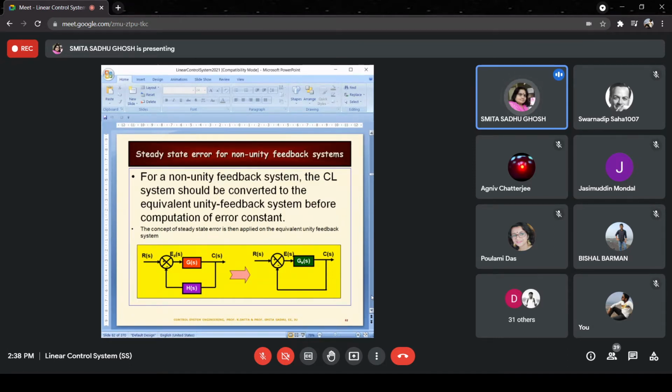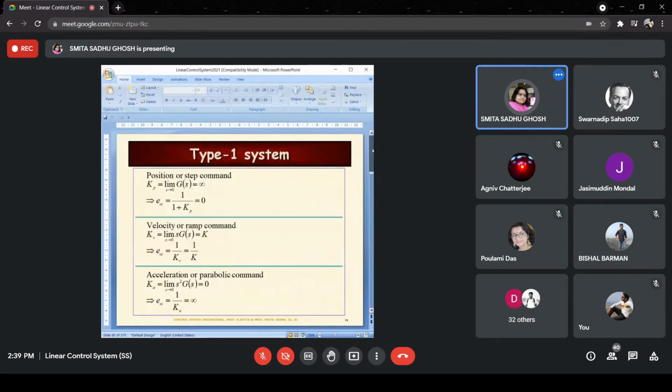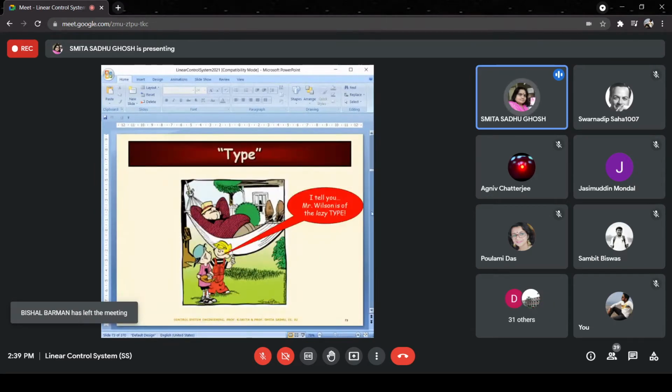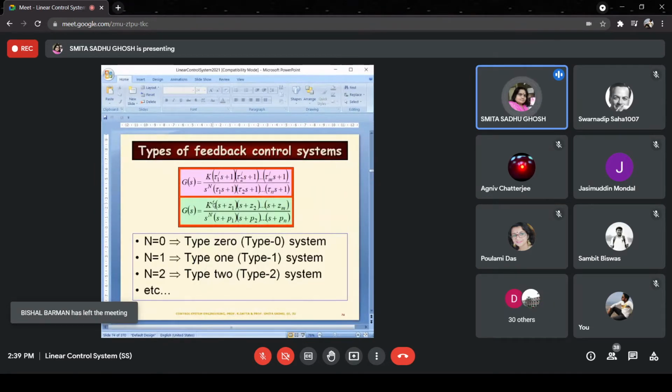Now, the table as well as the discussion that was done in the previous day was for unity feedback systems. So all that we studied till the last slide, I'm just switching slides, sorry for that, was for a system where the forward path transfer function is given in some standard form and the type of the system is known consequently, because we can see how many poles we have at the origin.